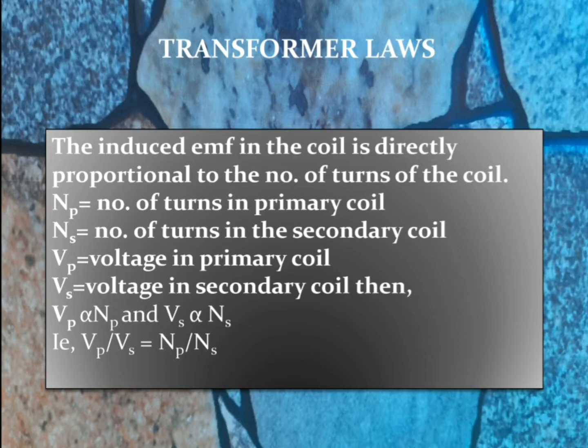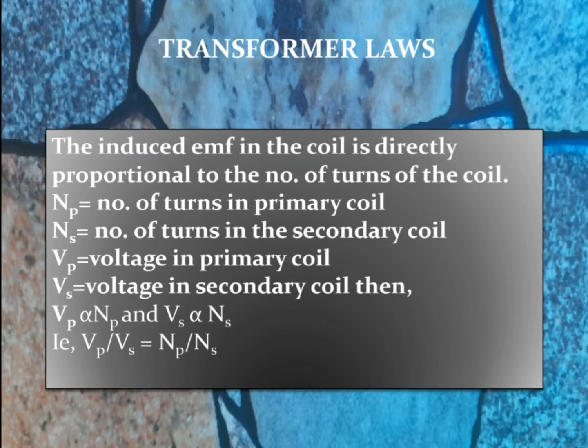Again, the voltage across the secondary coil will be directly proportional to the number of turns in the secondary coil, that is Vs proportional to Ns. Now, combining these two equations, we get Vp by Vs is equal to Np by Ns. So this is the first law of transformer.